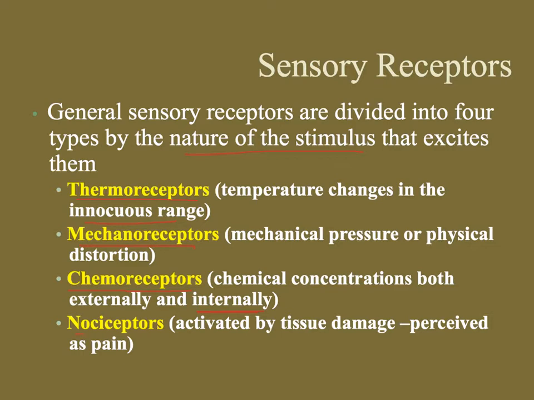And nociceptors are a special type of receptor that's activated by tissue damage, and it is generally perceived by our brain as something painful, but the nociceptor may be responding to an extreme change of temperature, and so it comes out as pain, but it's actually a thermoreceptor nociceptor, so it has subdivisions that fall in each of these categories, or an extreme amount of pressure, a very strong poke, or a toxic amount of a chemical may actually cause pain.